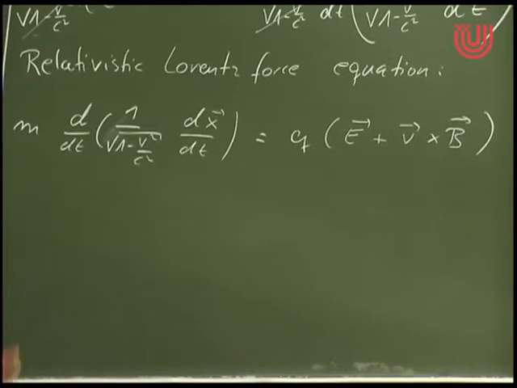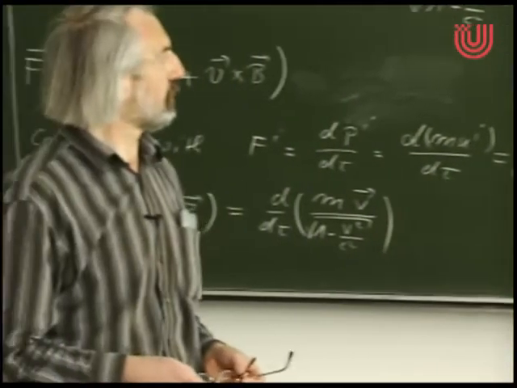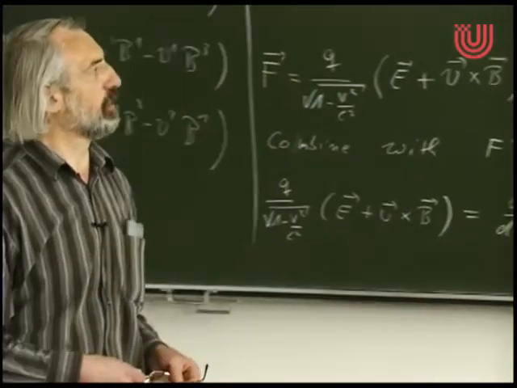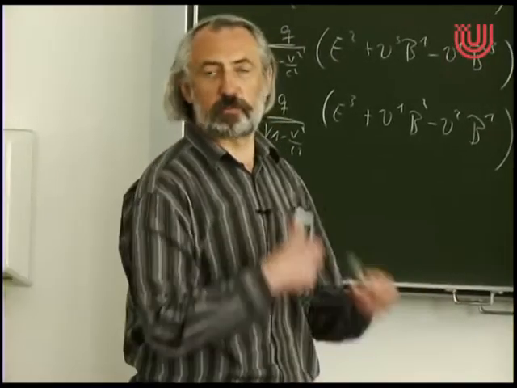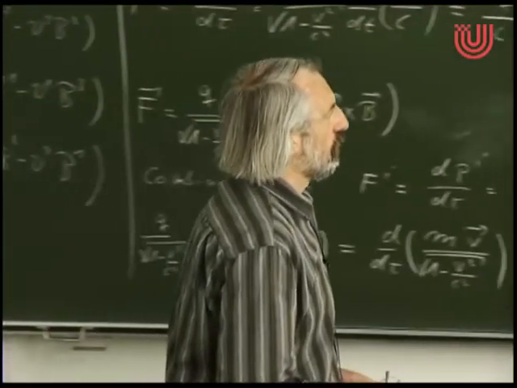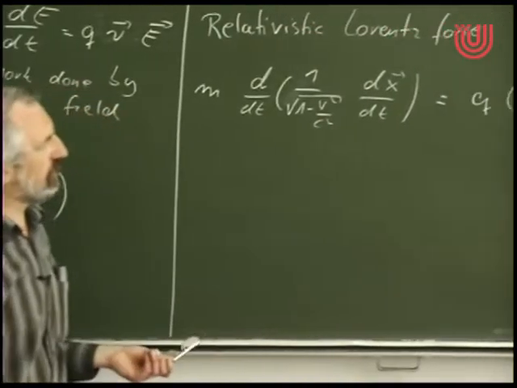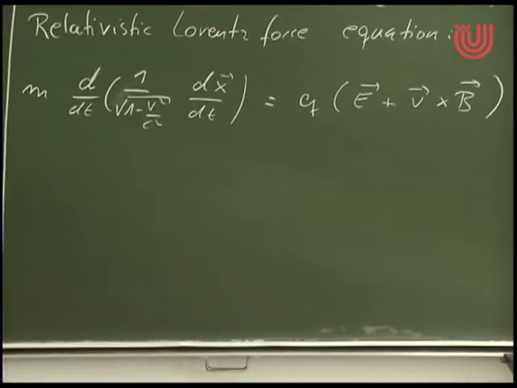So again, I hope this was an example which demonstrates that the 4-vector notation really has some advantage in view of making formulas more compact. Okay, we will come back to the Lorentz force equation later when we do examples. So with this now you can calculate the motion in an electric field or in a magnetic field, for instance.